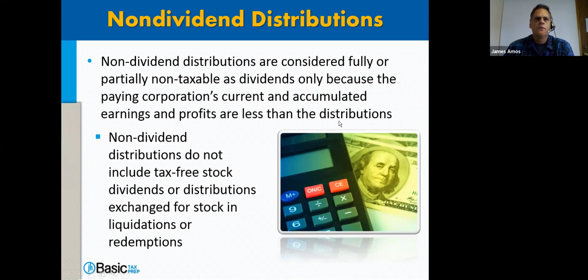To put this a little differently, what if they only earned $100,000 this year, but they're distributing $125,000? Let's say they distribute $125,000. $100,000 of that distribution is actually their earnings and profits, both their current and accumulated over the years.